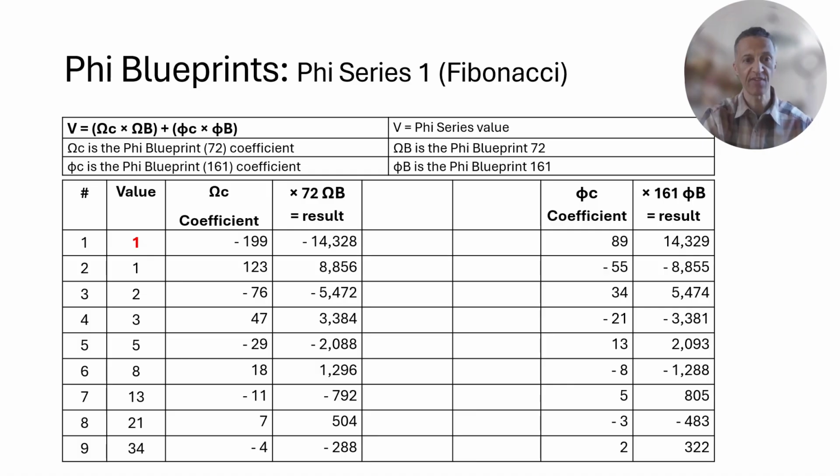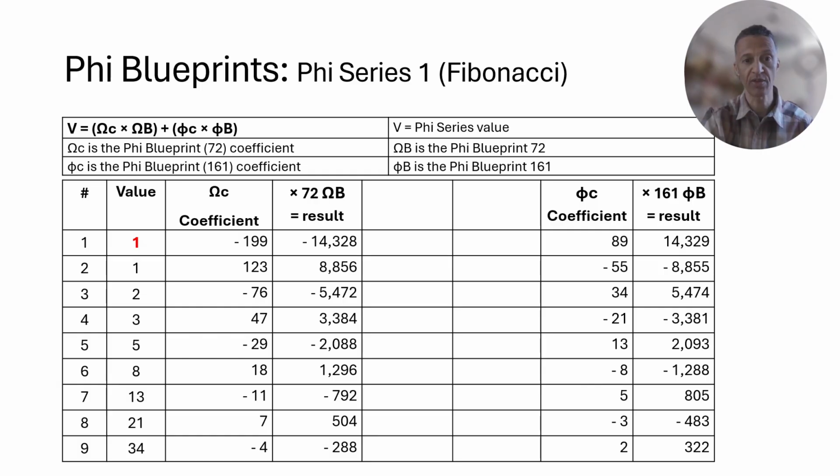In this table, I've listed out the first 9 values of Phi Series 1, or the Fibonacci series, and the multipliers, or the coefficients, that are required against the 72 and the 161 Phi blueprints. So if we look at the first value at position 1, it's equal to minus 199 times 72 plus 89 times 161, and that will equal 1.